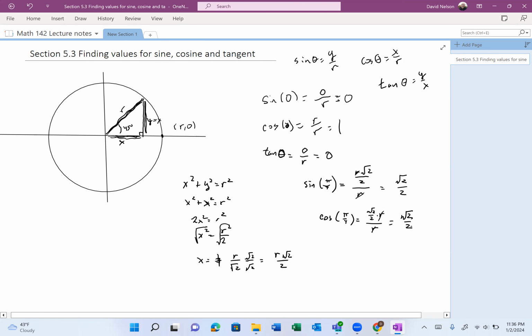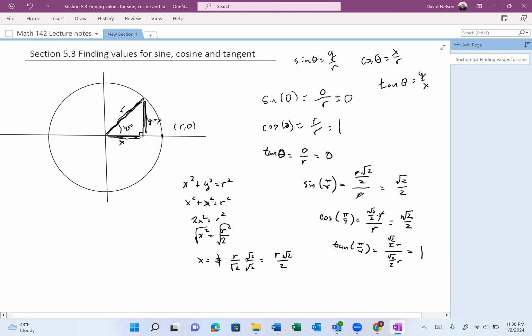So we get the same ratio there for cosine and sine at 45 degrees or at an angle of pi over 4 radians. The tangent at pi over 4 is y over x. So root 2 over 2 times r divided by root 2 over 2 times r. The x and y coordinates are the same, and so the tangent of pi over 4 works out to be 1.